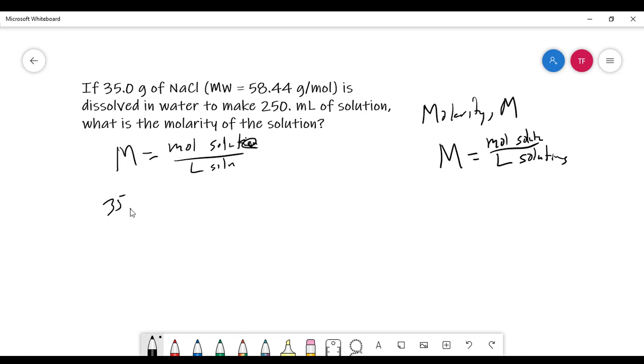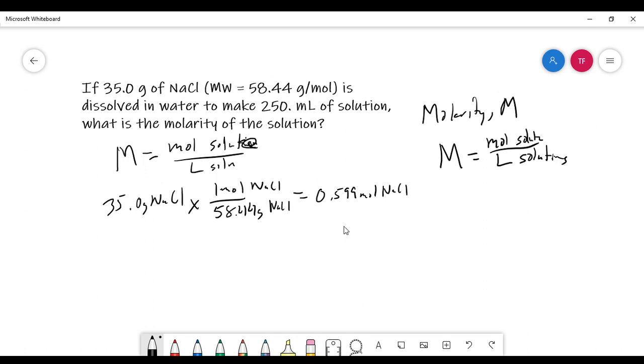We have 35.0 grams of sodium chloride, and according to the molar mass, for every 58.44 grams of sodium chloride, there is 1 mole of sodium chloride. This will give us the number of moles of sodium chloride present in the solution, which is 0.599 moles. Now you'll want to leave the entire number on your calculator, but I'm rounding it here just for ease.